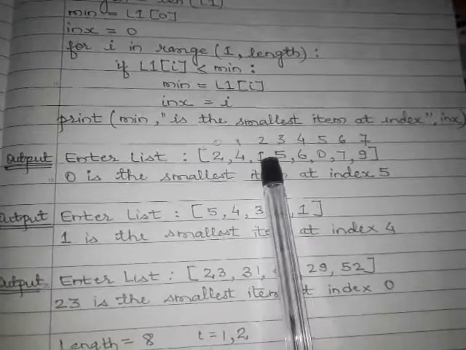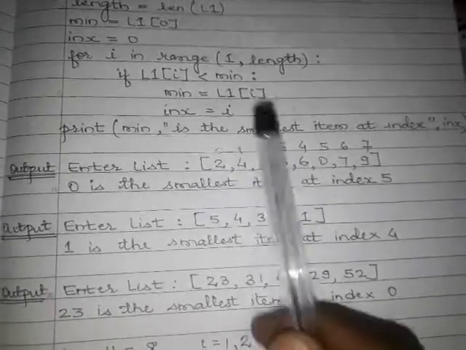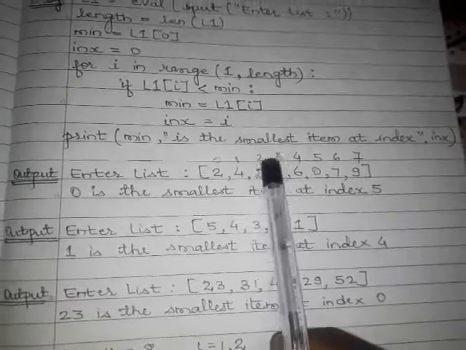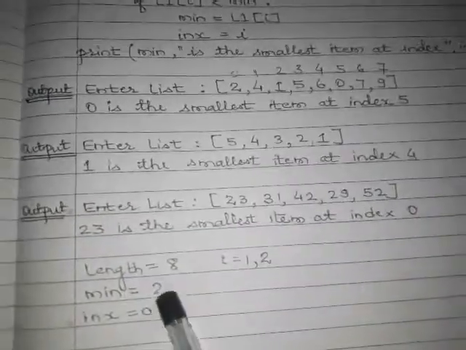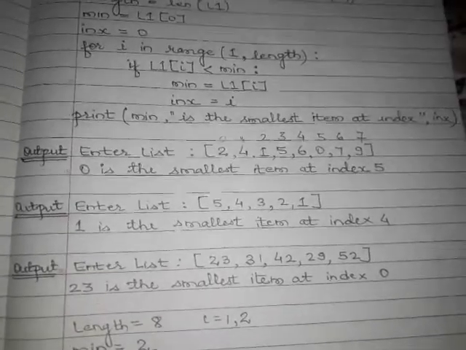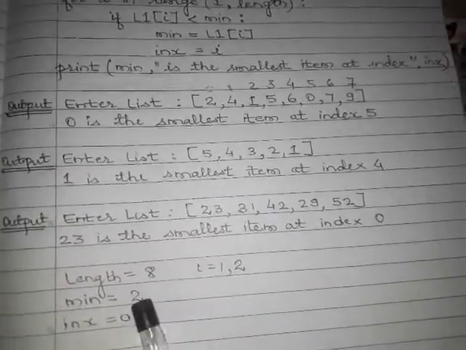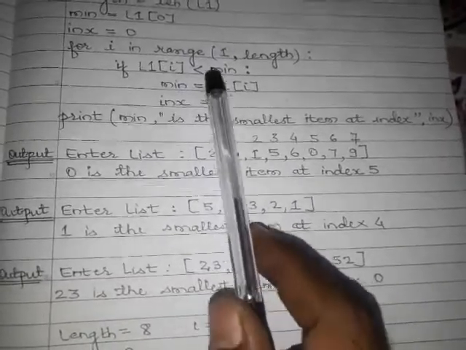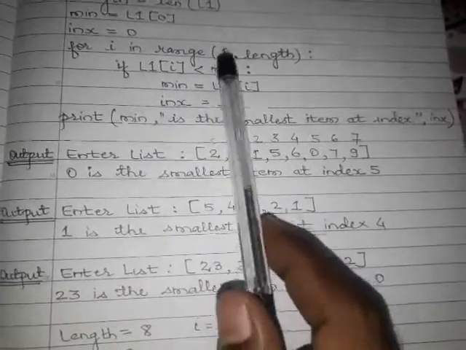For I equals 2, the element is 1. If L1 of 2 is less than minimum, minimum is 2, and L1 of 2 is 1. Is 1 less than minimum? Yes, 1 is less than minimum.